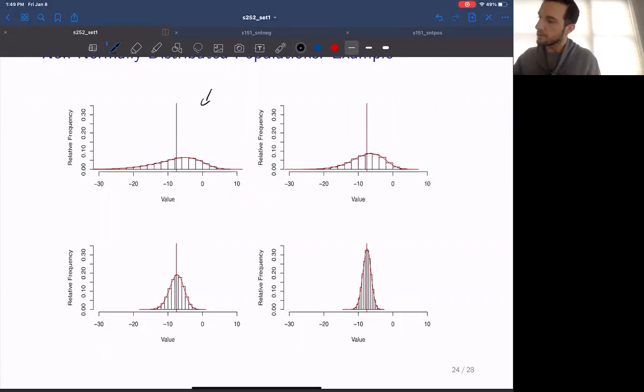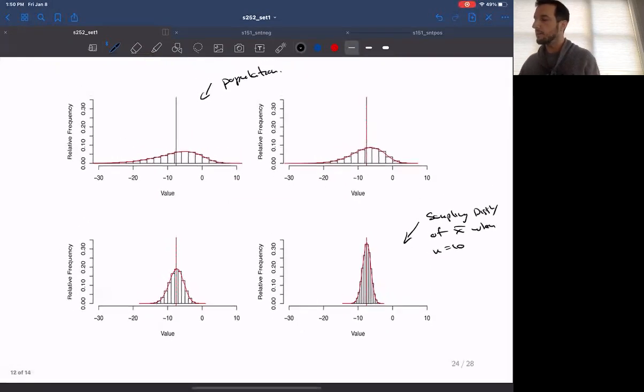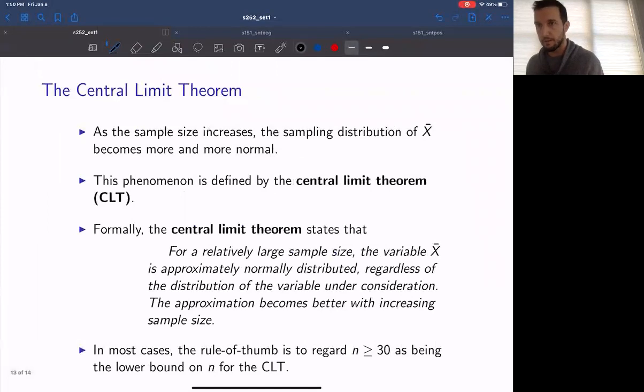Okay, so here's the population. Now, as I've increased sample size, I've ended up with a sampling distribution for X bar that looks very normal now. So what's very interesting is that the more information you collect from a population, regardless of the shape of that population, you return to a sampling distribution that is still normal. And this is what the central limit theorem states.